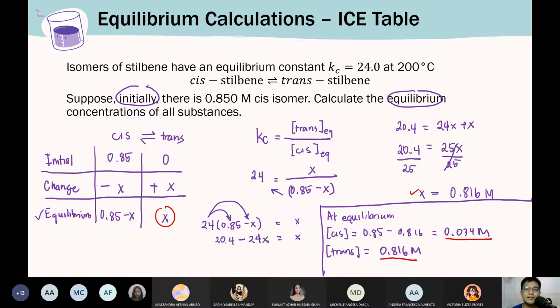Mukhang madali lang, no? Yes, madali lang siya. Except kung hindi talaga siya madali. Okay. Don't worry, sa laboratory na yon, yung medyo matindi. Okay? For the lecture, basic lang. Kasi again, just as I said, this is the heart of analytical chem. Okay? Yung equilibrium topic.